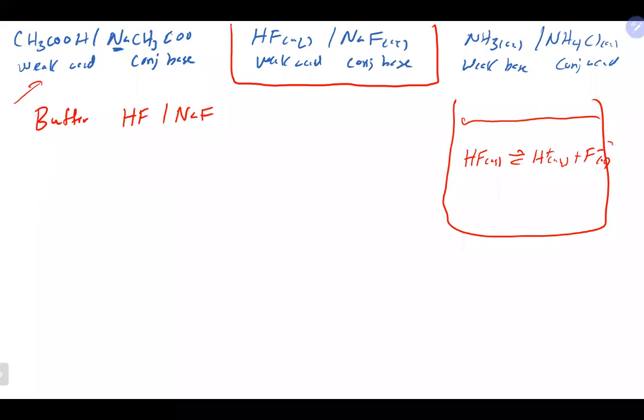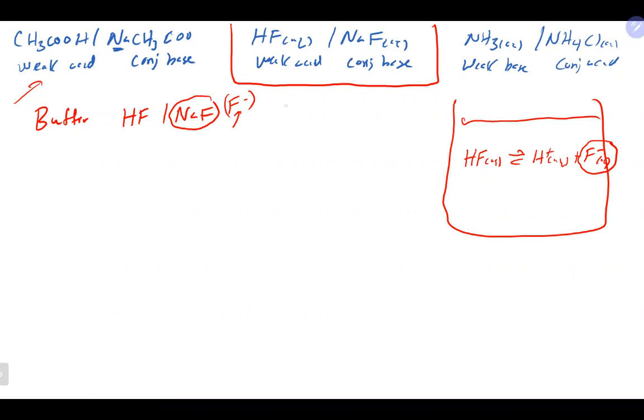The F minus here is the part of the buffer that is actually doing the work. The sodium ion is really there just to balance out the charge. It's really a spectator ion. It's the F minus that's actually doing the buffering part. And that's the conjugate base.